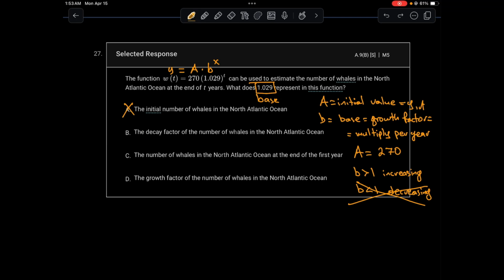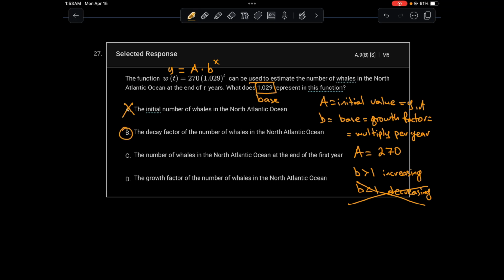Sometimes a growth factor represents a decrease, you can say this is a decreasing growth factor in a sense. But decay factor is also another way to call the base when it decreases. Okay, the decay factor of the number of whales in the North Atlantic Ocean.